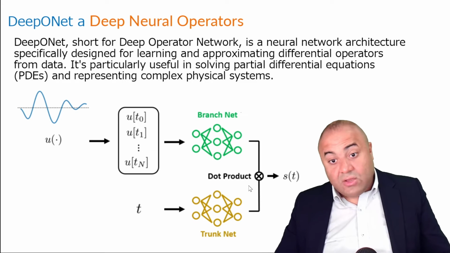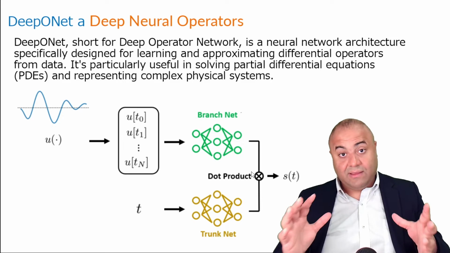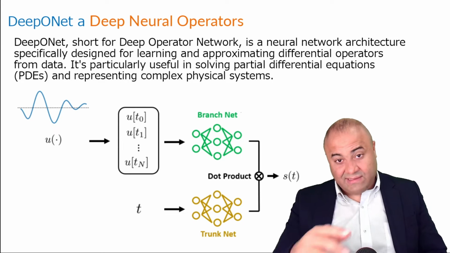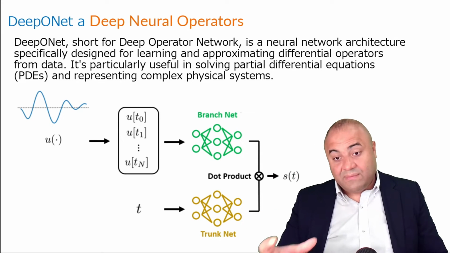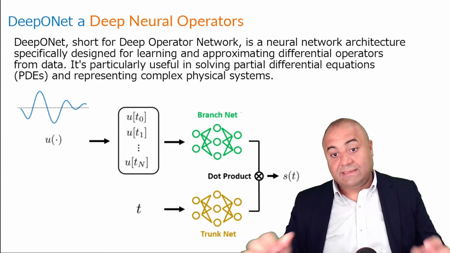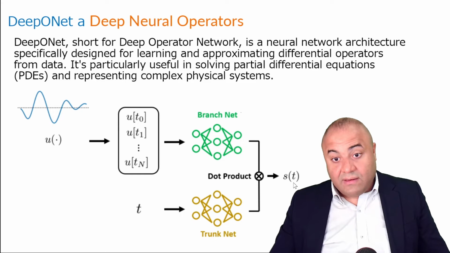This latent space, we're going to dot product each other in an operation we call Einstein product. We will see it later in this course, but basically we'll dot product these two latent spaces, and we will get a final S of t.